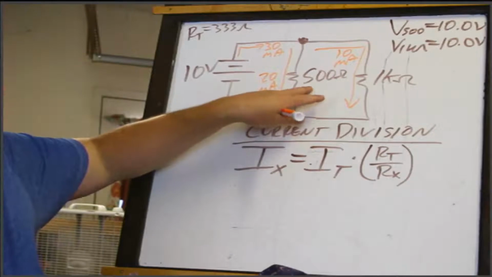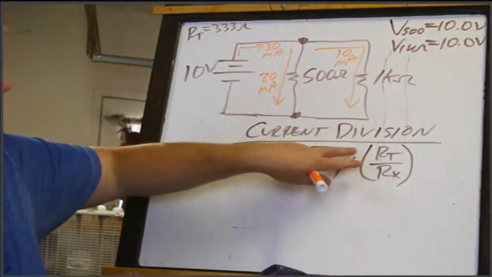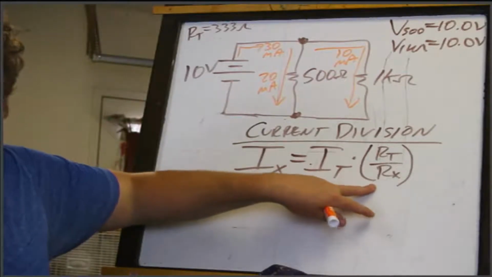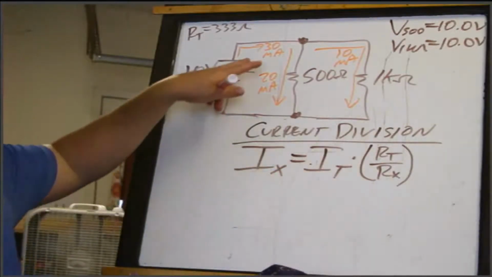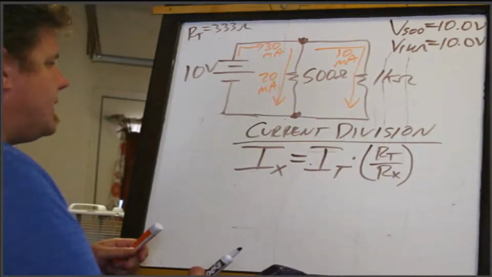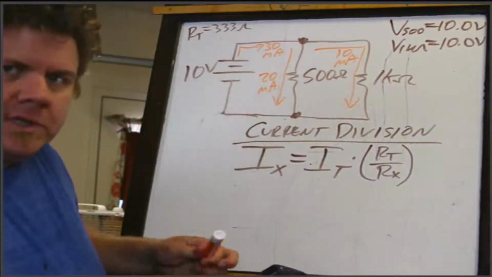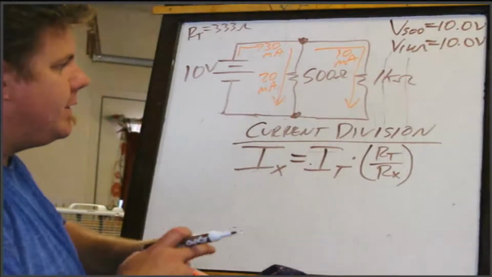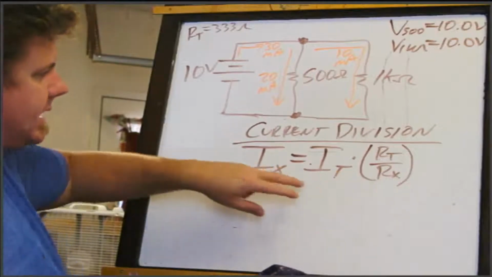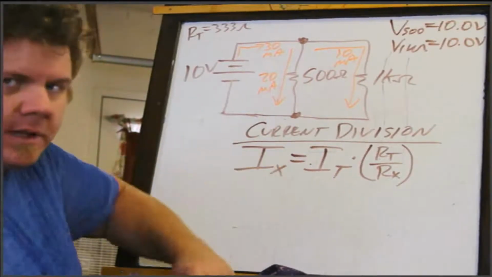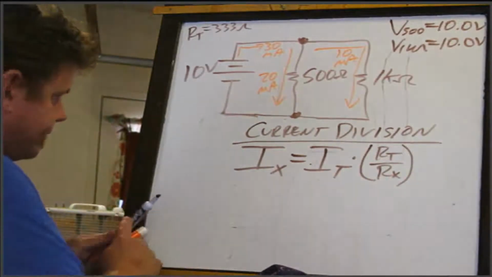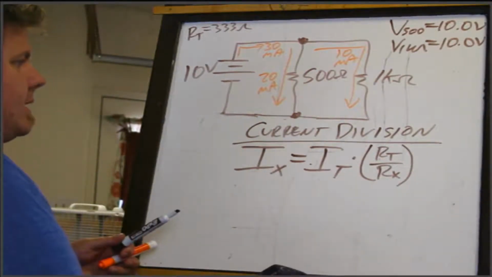If you put the individual over the total for this, you're going to get something greater than 1, so you'd end up with something greater than 30 milliamps. So it's reversed on this side. Same thing with the voltage: you add those all together, and if you had it reversed, you'd end up with something greater than the total. So that's the general format of it.